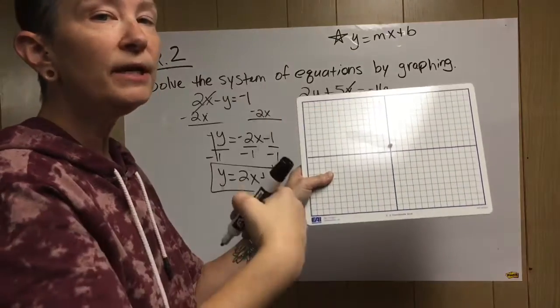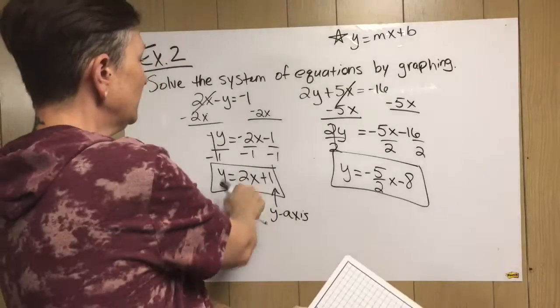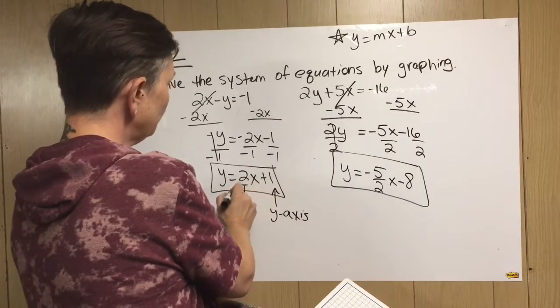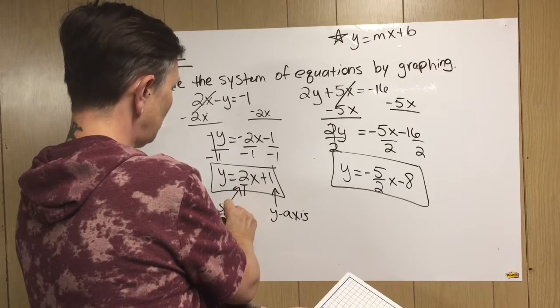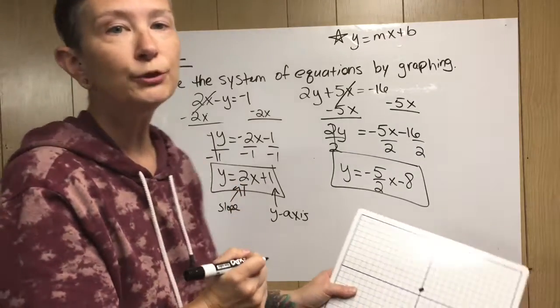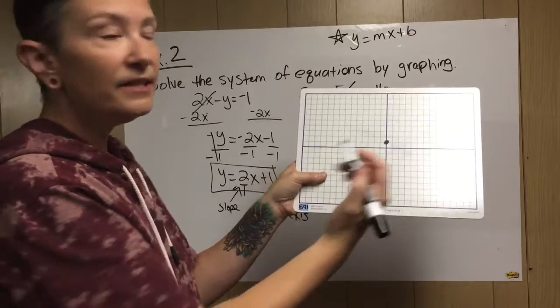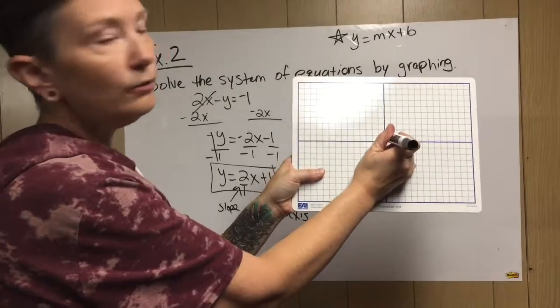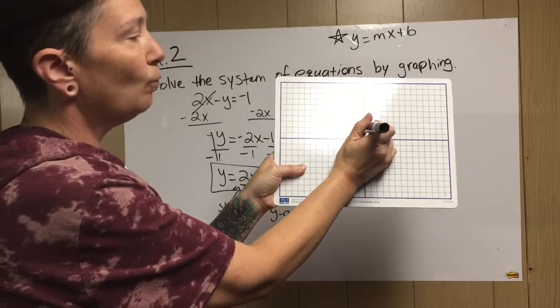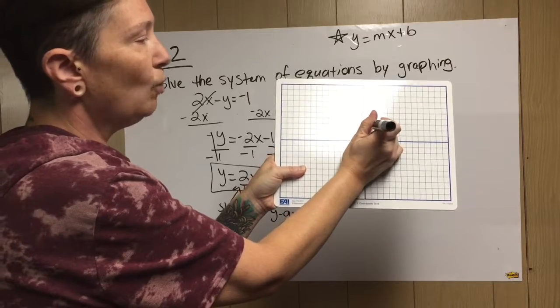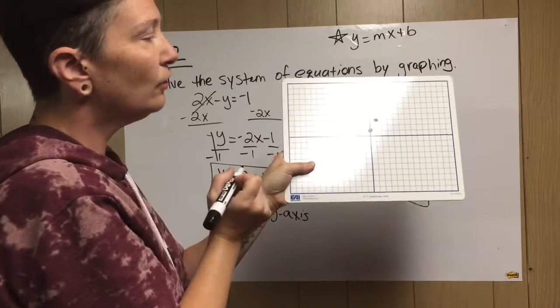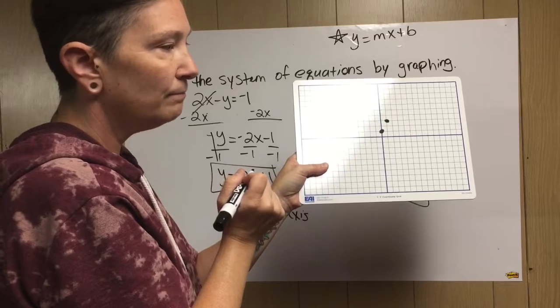Now I'm going to get my next point by using this slope of +2/1. It's positive, so I'm going to start with the point that I put on the graph already, and go up 1, 2, and right 1. That's another point on my graph.